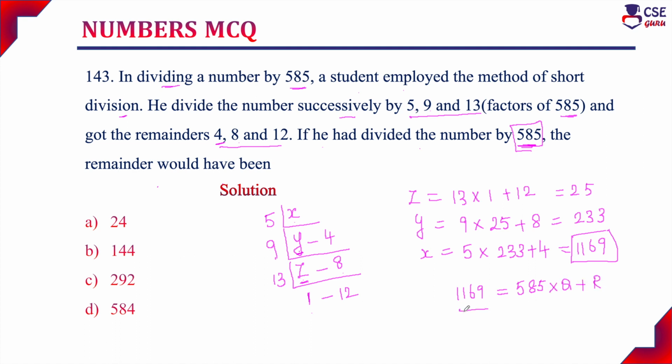So if you are dividing this number by 585 directly, we will get the remainder 584. So the correct answer is option D, 584.